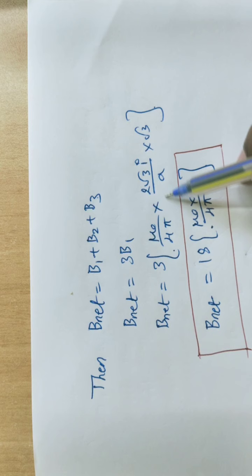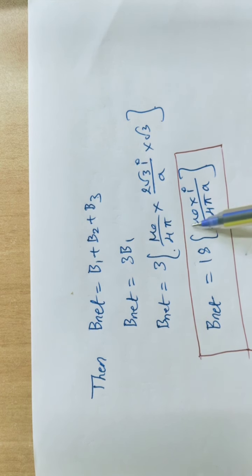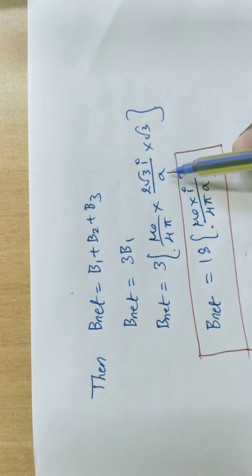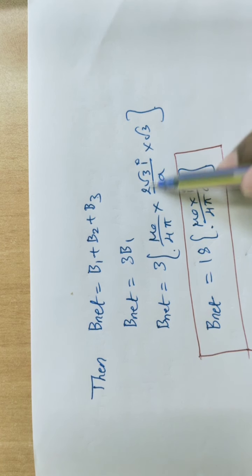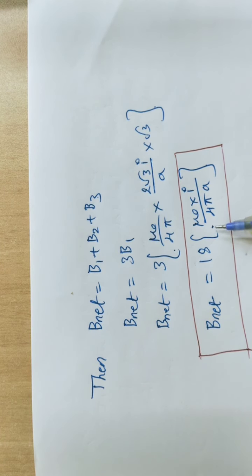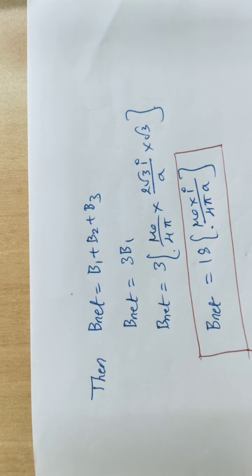So 3 into B1 value: mu naught by 4 pi into 2 root 3 I by a into root 3. On simplification, B net value is equal to 18 mu naught I divided by 4 pi a. So at the centroid of the current carrying equilateral triangle loop, B net is equal to 18 times mu naught I divided by 4 pi a.